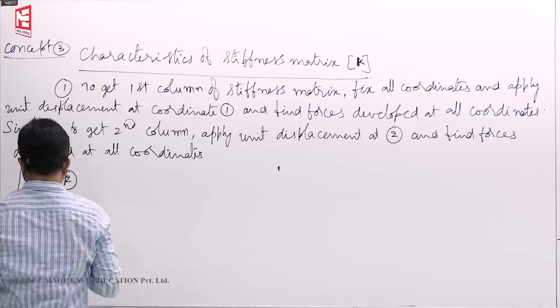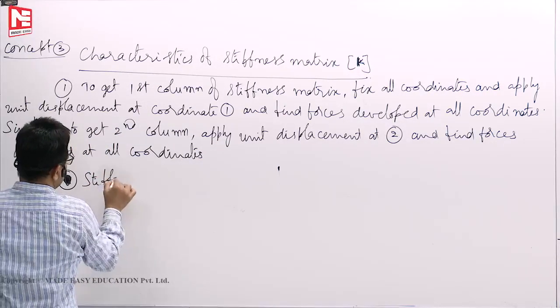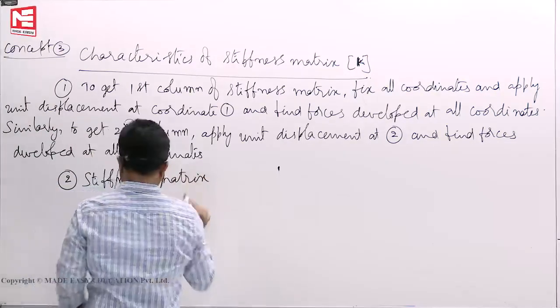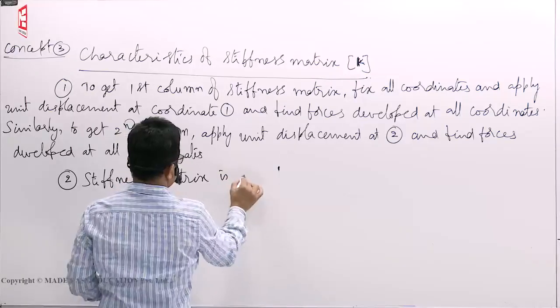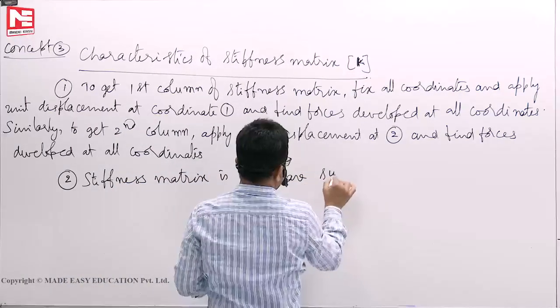Second point is, if you build a matrix like this, you get a square symmetric matrix. Stiffness matrix is a square symmetric matrix.